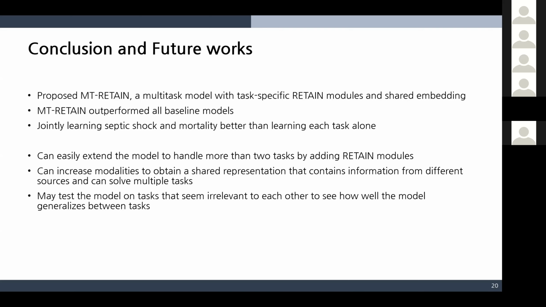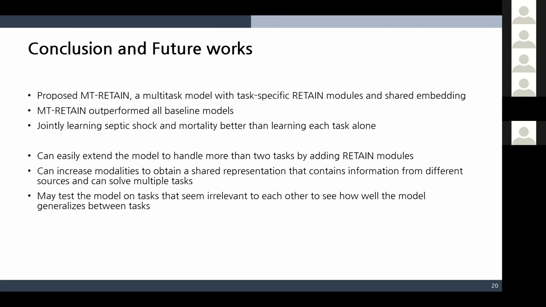And also recently there have been multiple multitask papers that consider multiple modalities where the input embedding is created by combining data from different data sources. MT Retain may also be easily extended to such multimodal situations where data typically used for certain tasks may be used together with the original input to provide information to the model for tasks that would not normally use such data.